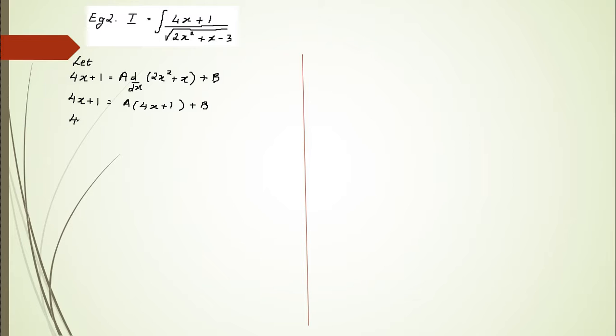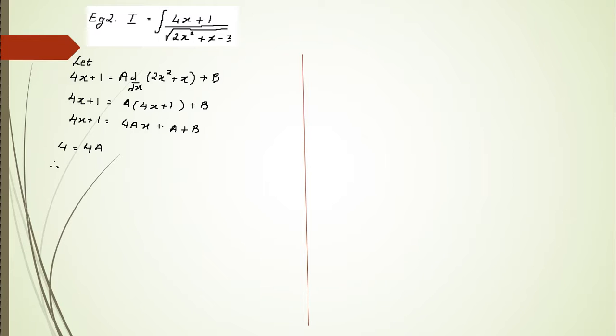Therefore 4x plus 1 is equal to 4a into x plus a plus b. Now comparing the coefficients of x and the constant on both sides, we will get 4 is equal to 4a.